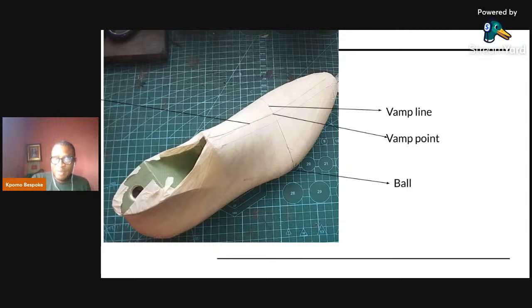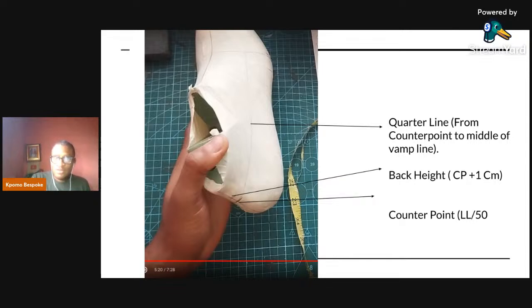Then we talked about the vamp point, which is the intersection point of the vamp line. The vamp line is the line that runs from the inside ball to the outside ball, and the intersection point it has with the center line in front is known as the vamp point. So those are the cardinal points and lines that we talked about, in addition to the counterpoint. The counterpoint is on the back center line, and it runs from downwards going up, and we said it is 1/5 of the last length.